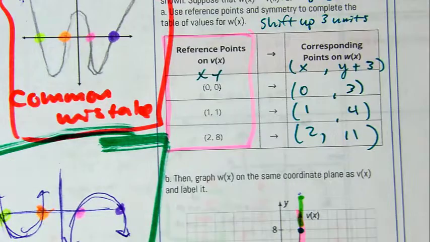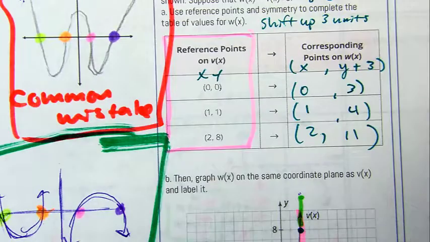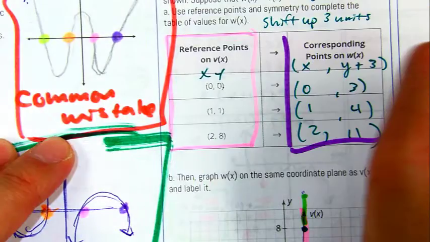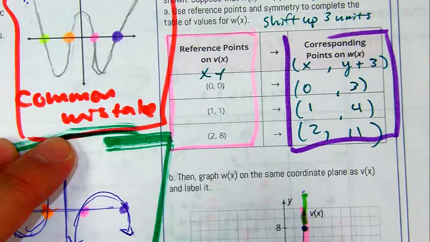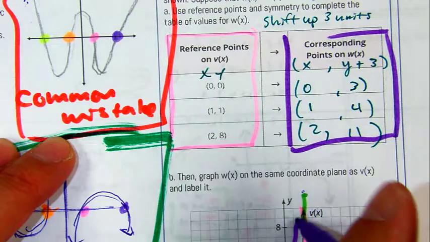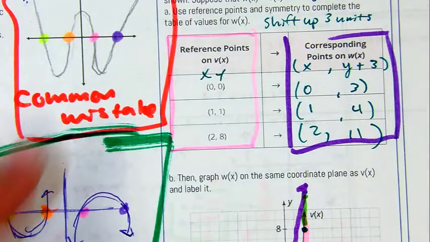So if I draw mine, let's pick a nice darker color. Let's pick purple. So this would be something that looks like this. It's just going up 3 units.